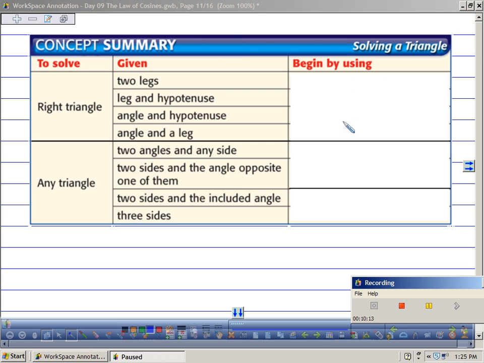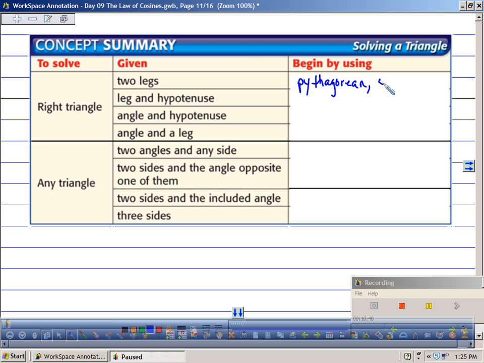Okay, so let's recap for the whole chapter. Right triangles are a little bit different. What's the most comfortable way to solve a right triangle? Exactly, the Pythagorean theorem. Then we learned something about special triangles, which is even faster than the Pythagorean theorem if you remember it.